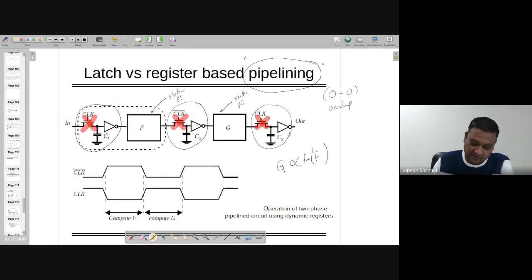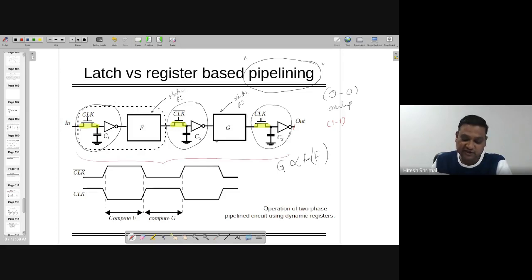But it creates a problem when it's an overlap of 1-1. If 1-1 is overlapping, all the NMOS transistors are on. In that case, output is available immediately, whatever the value is there. But we have to take care that the whole chain is available right now, and because of that, you might get a malfunctioning output, which is not your requirement.